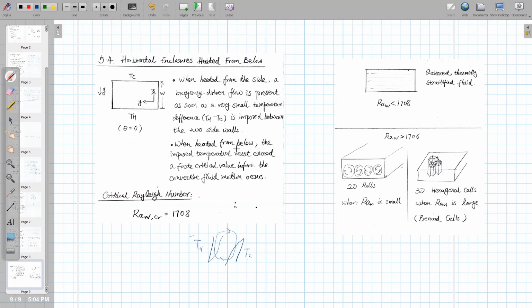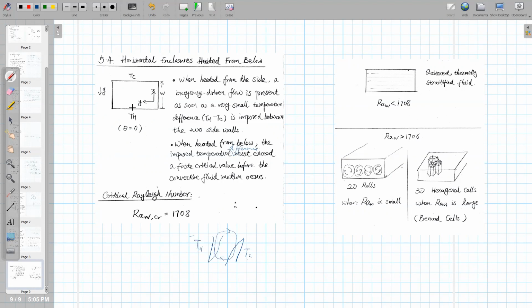That means in this case the imposed temperature difference must exceed a finite critical value before the convective fluid motion does occur.